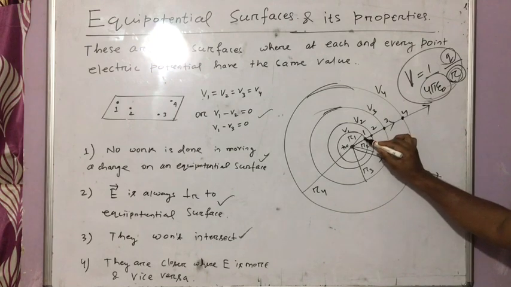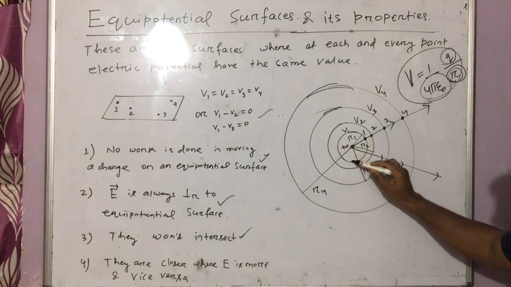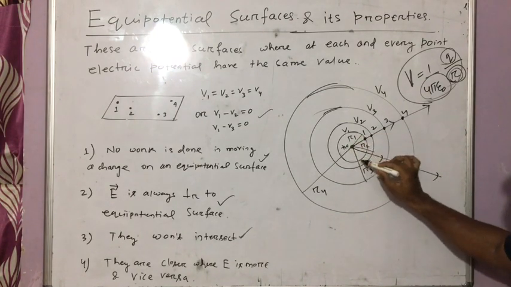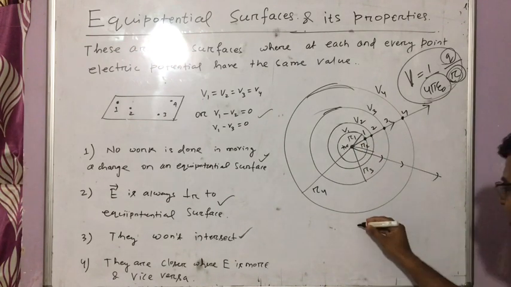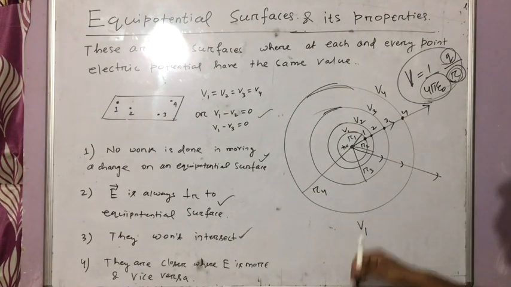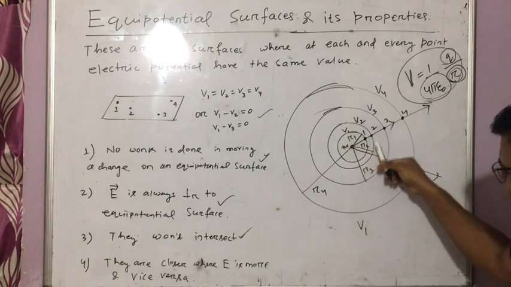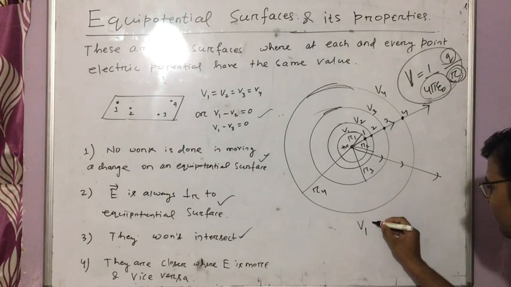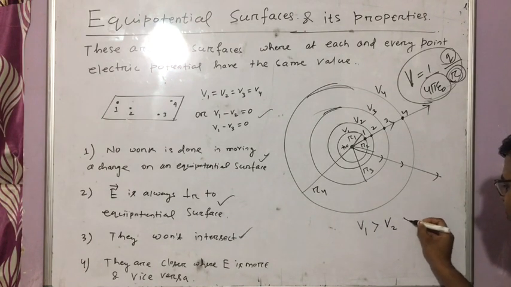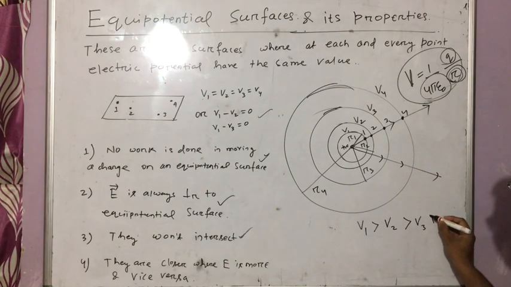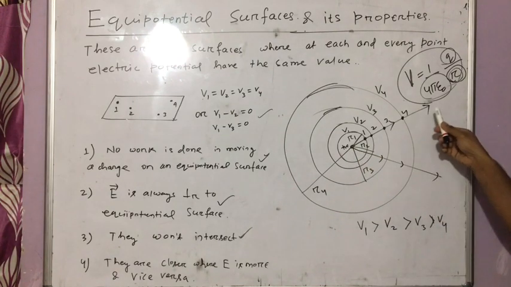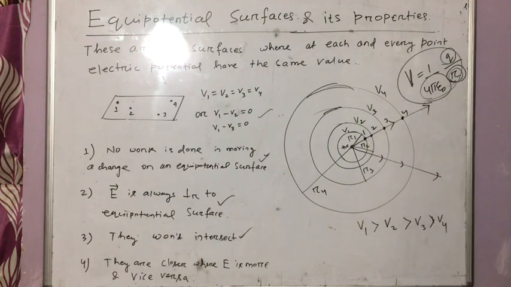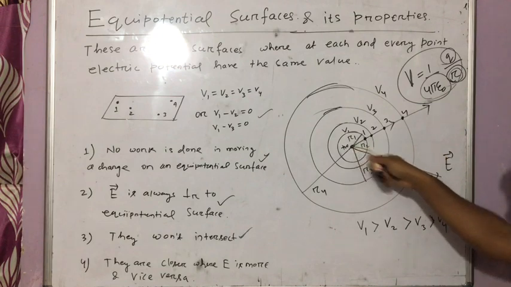Now, for the sphere number 1, the radius is the least one here. So its potential is maximum. Means the potential on the first sphere surface is maximum, then it is V2, then V3 and the least will be V4. Because as the sphere's radius is increasing, the value of the potential is decreasing, and we know the direction of the electric field is in the direction of decreasing potential.